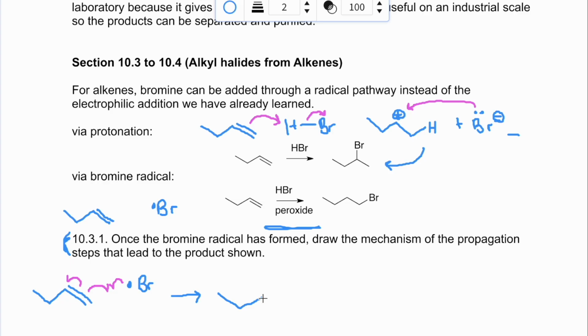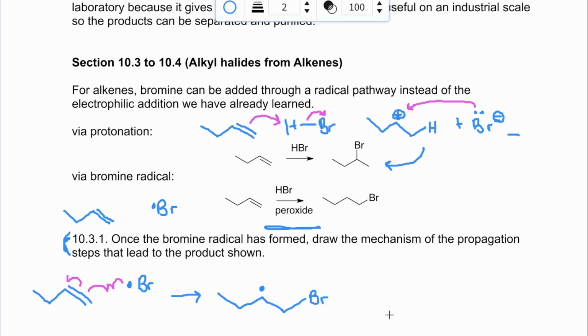And so the two possibilities are for the bromine to bond to the secondary carbon, forming a primary radical, or the one that we have shown, the bromine bonding to the primary carbon, giving the secondary radical. The secondary radical is more stable, just as the secondary cation is more stable. So the difference is that the secondary cation forms by putting the hydrogen on that primary carbon. The secondary radical forms by putting the bromine on that primary carbon.